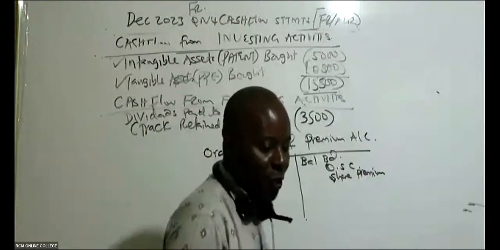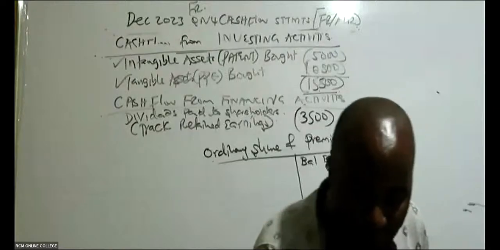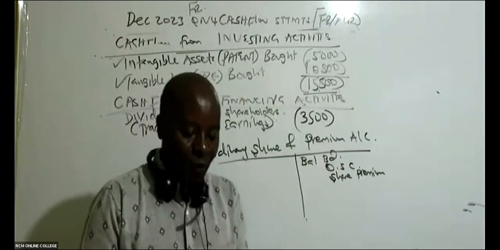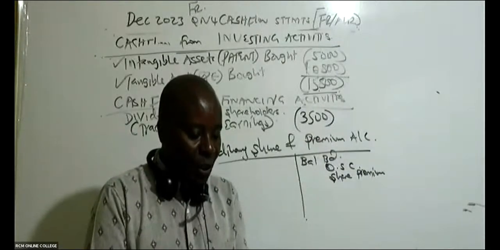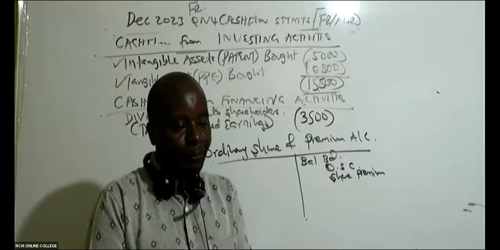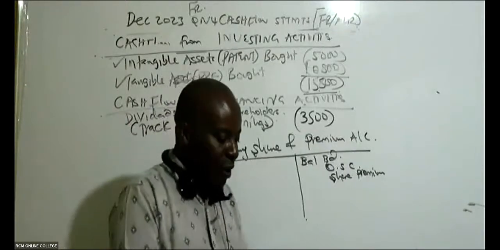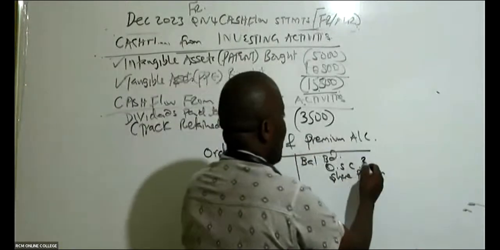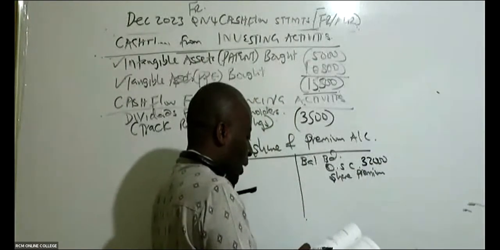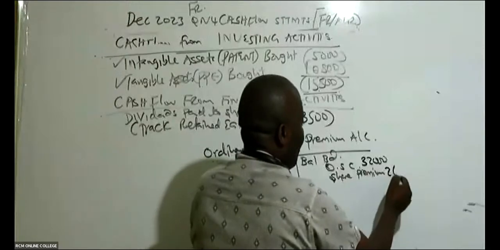Very fast. So in this question, are you able to see the ordinary share capital from the balance sheet? Ordinary share capital brought down is 32,000. How about share premium brought down? If you look down there, you can see 2,600.